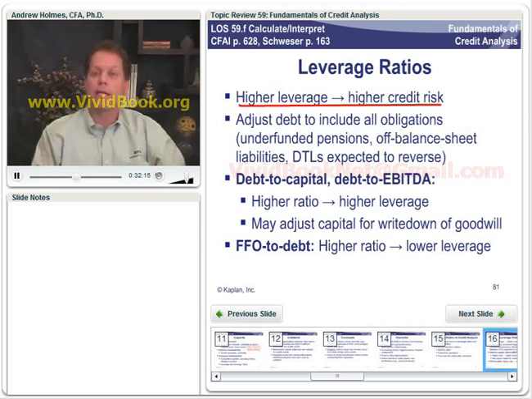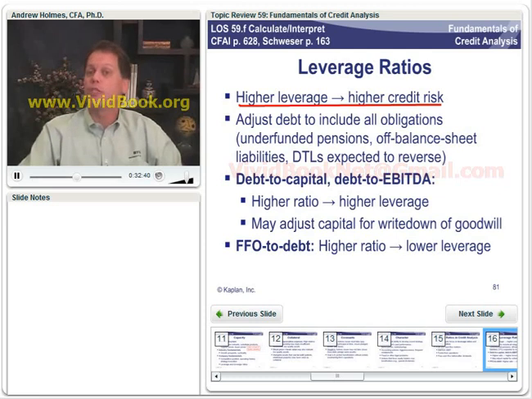Well, that's going to give you lower leverage, and therefore a greater credit rating, or make you a better credit risk. On the other hand, if you borrow every dime you can borrow, so compared to your assets, you have lots of leverage, then you're going to have higher credit risk. And if you were a bond issuer, you would have a lower credit rating because of it.